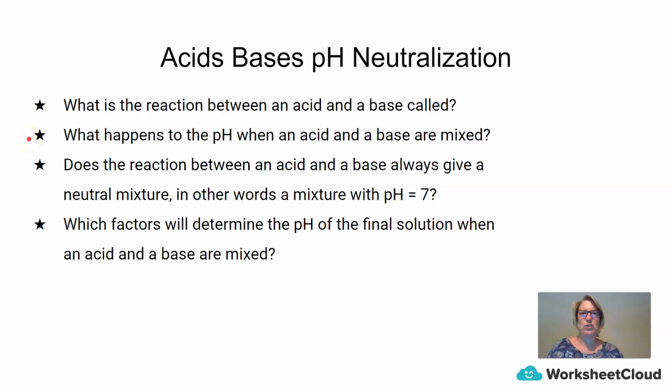Then, what happens to the pH when an acid and a base are mixed? Does the reaction between an acid and a base always give a neutral mixture? So in other words, will the mixture always be a pH 7? And what factors will determine the final pH of the solution when an acid and a base are mixed together?